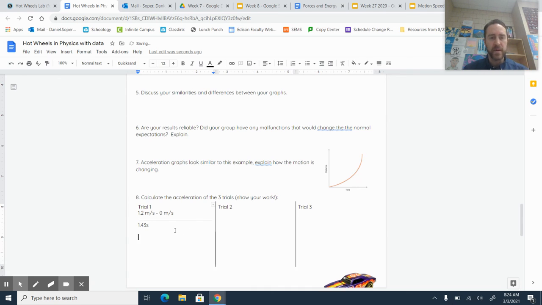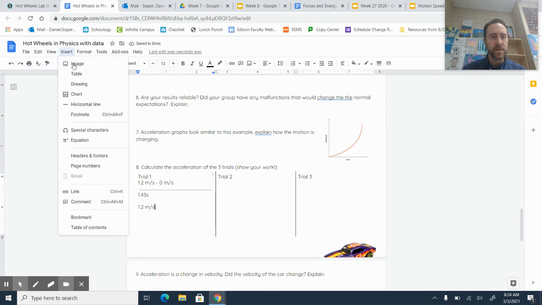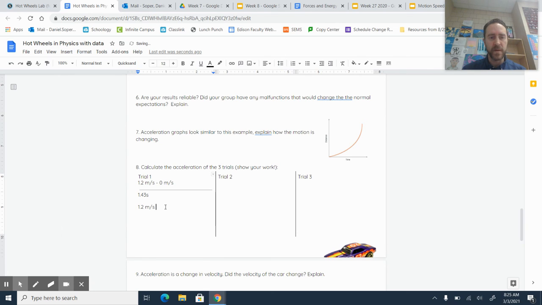Okay, let's go ahead and work that out. This first calculation is easy. It's just 1.2 meters per second divided by 1.43 seconds equals.